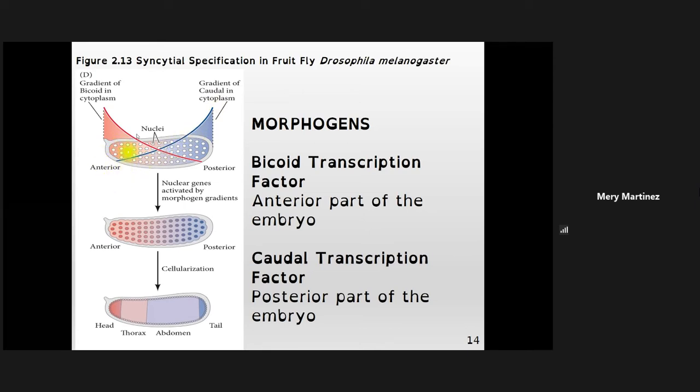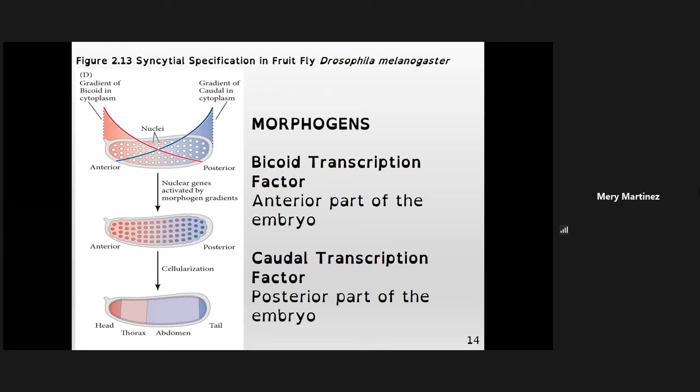So as cells start dividing and the nuclei maintain a position within these two gradients, they will know which part is anterior and which part is posterior. And when we have a mix of the two gradients, then we're going to have two different sections.